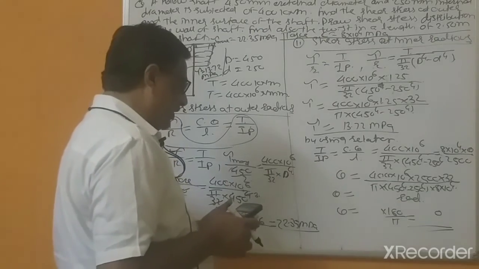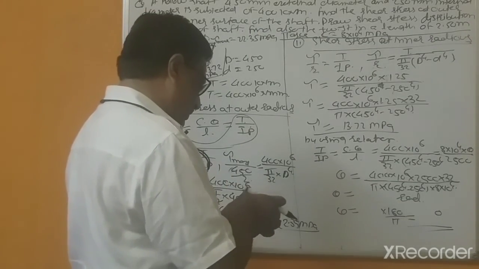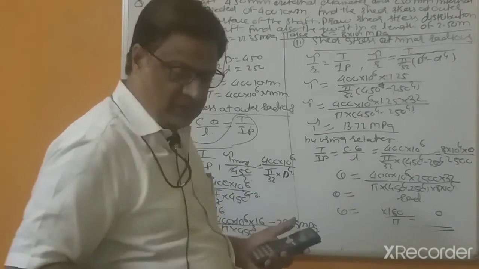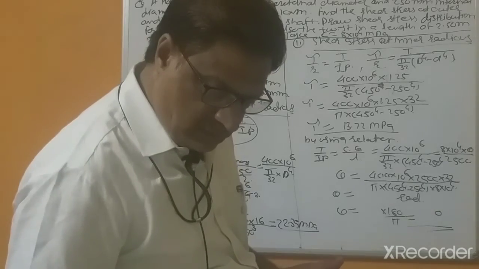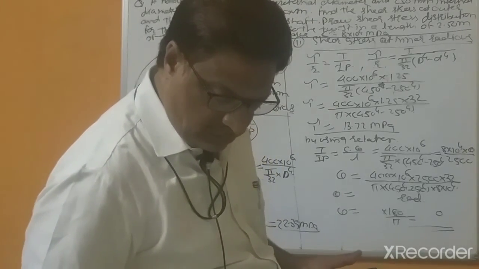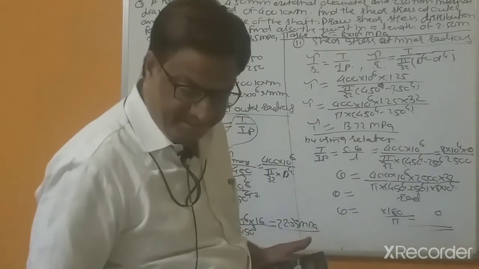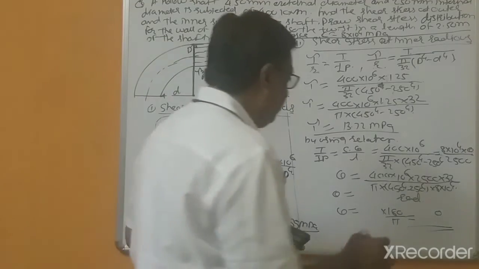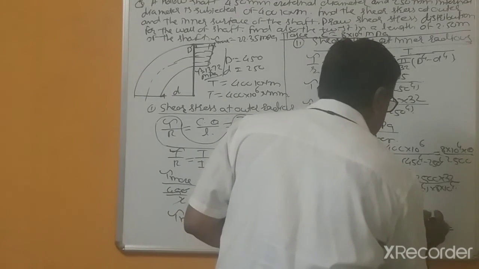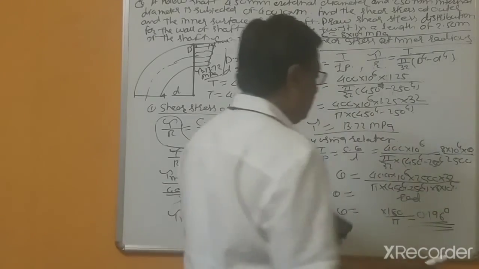So this is in radian, multiplied by 180 and divided by pi. So I am getting 0.196 degree.